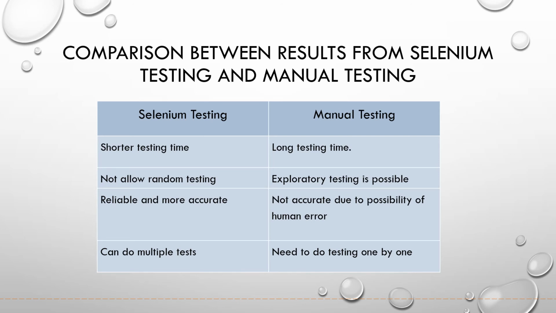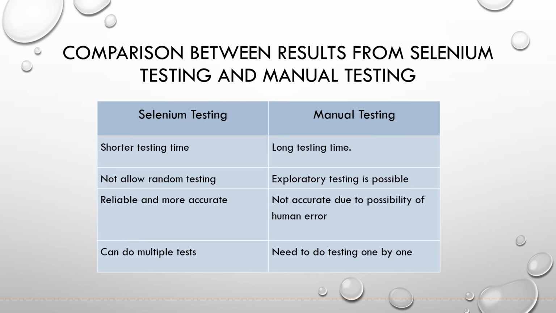Selenium testing does not allow random testing, but manual testing allows exploratory testing. And Selenium testing is more reliable and more accurate, because the result from Selenium is generated automatically after we do anything in the web app, and manual testing is not accurate due to the possibility of human error.